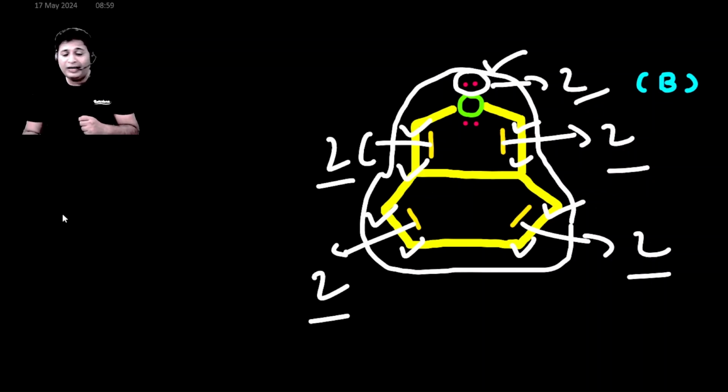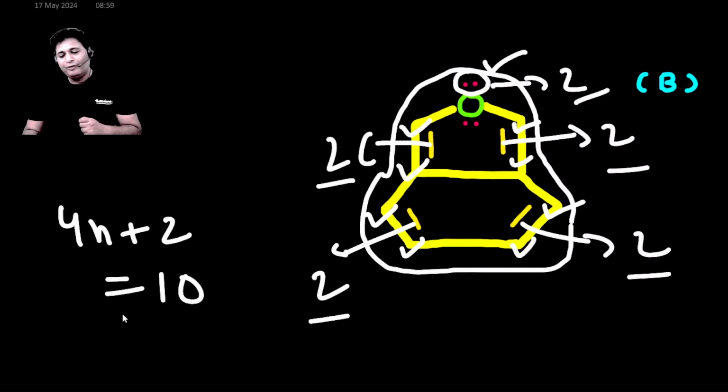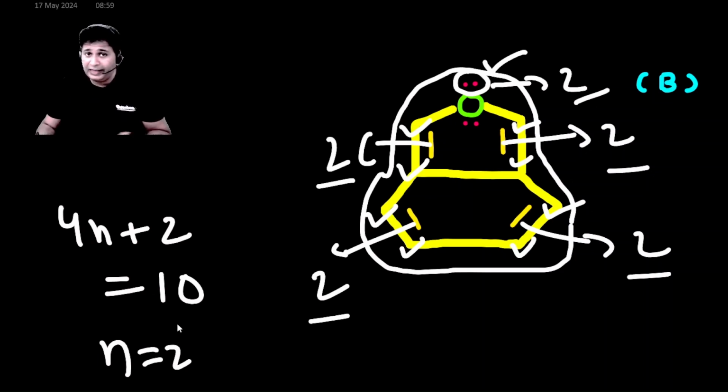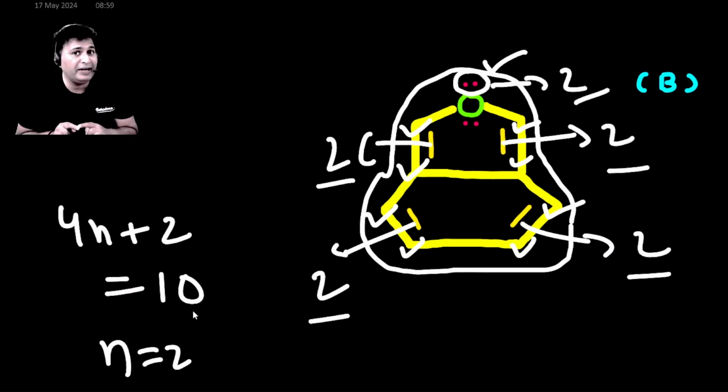And I have already told you the 4n plus 2 rule gives you the value 10 for n is equal to 2, and n can be, as you know, 0, 1, 2, any non-negative integer. So you have again got the periphery making a different aromatic cycle other than the one you got in the previous slide.